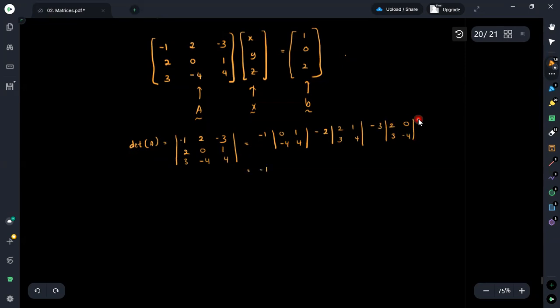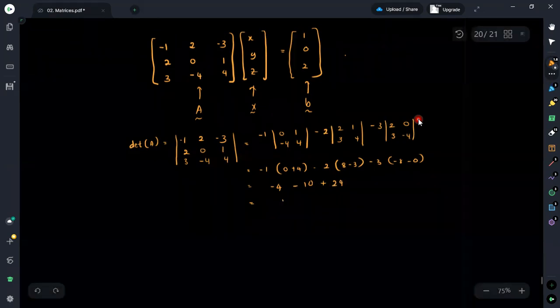Then we get -1 times 0 plus 4, -2 times 8 minus 3, -3 times -0 minus 0. Here we get -4, and this value is -10, and then we get +24. Then -14 plus 24 gives the answer 10.